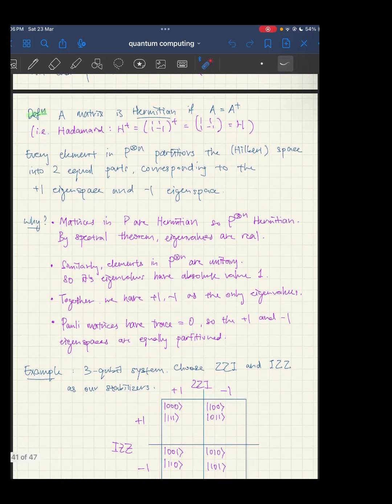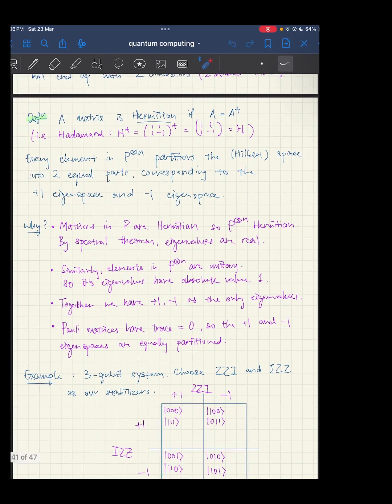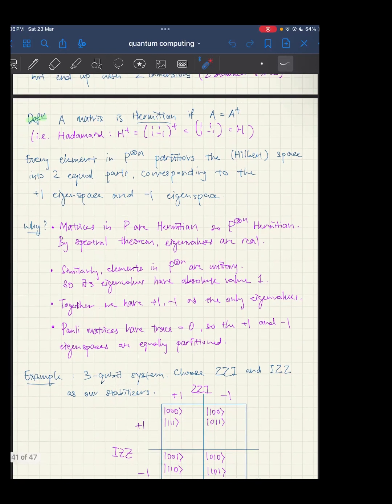So here is a brief proof of why this is true. We borrow some results from linear algebra to help us show this. First of all, the Pauli matrices are Hermitian, and the same goes for the n-dimensional case. There is a theorem in linear algebra called the spectral theorem, one part of which says that the eigenvalues of a Hermitian matrix are real.